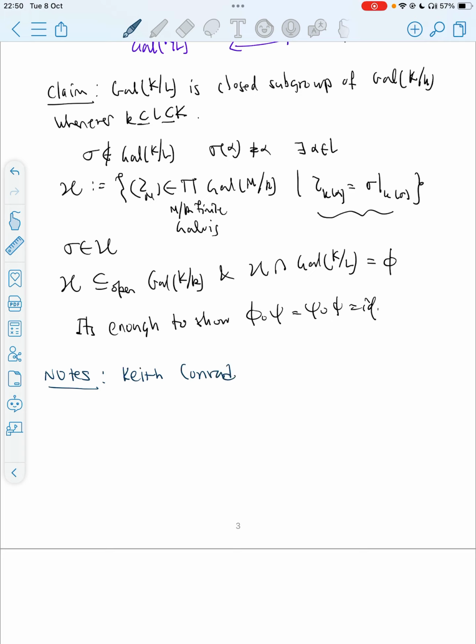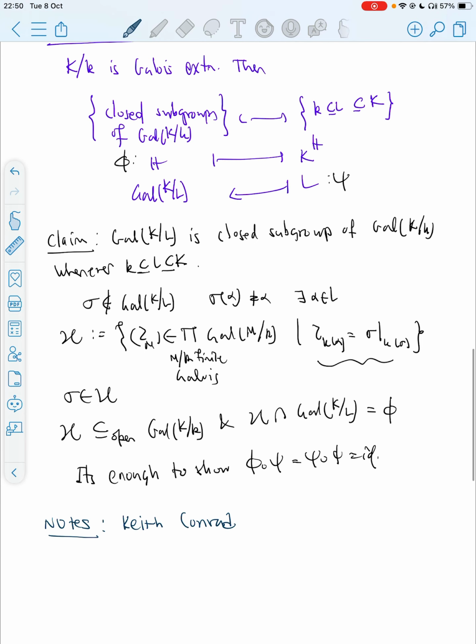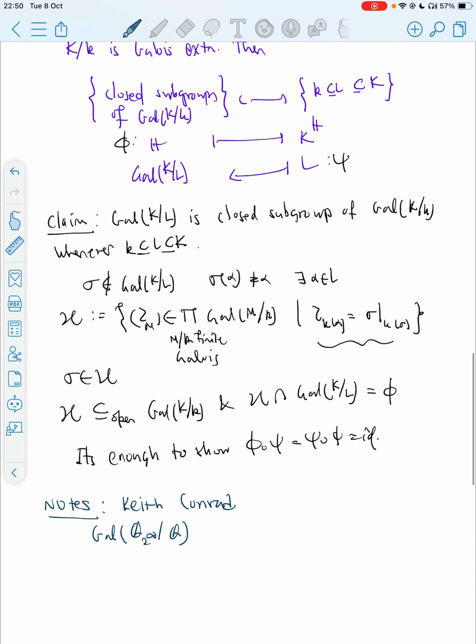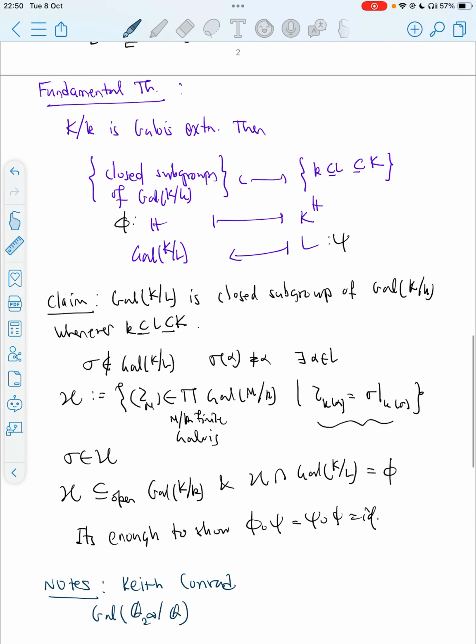I think he gives an example where he took this extension, and I can't recall exactly, but what I saw some time back was a couple of elements whose fixed fields were the same, but the subgroups generated by them are different.